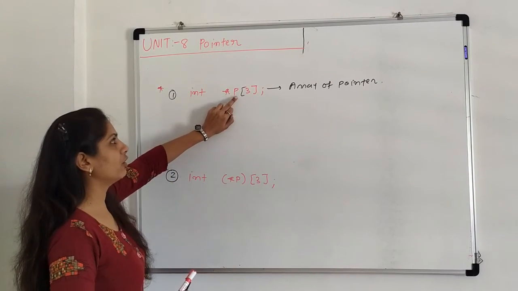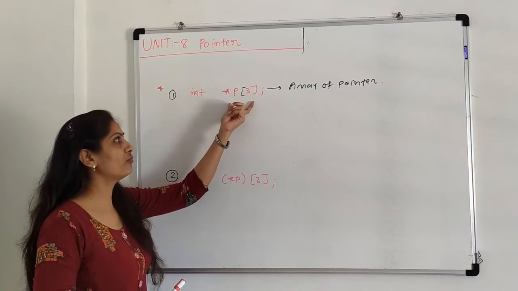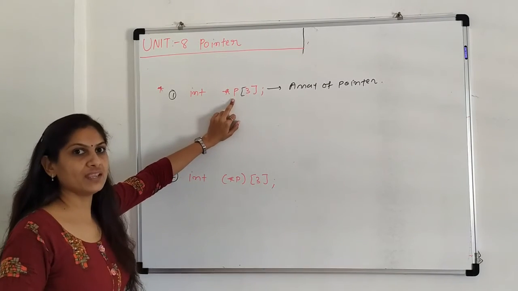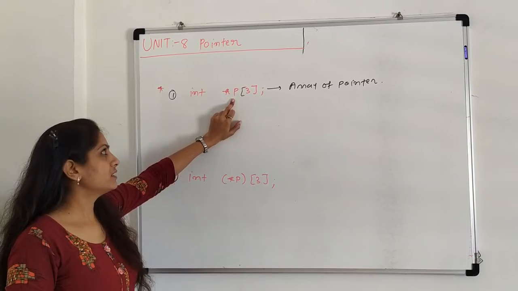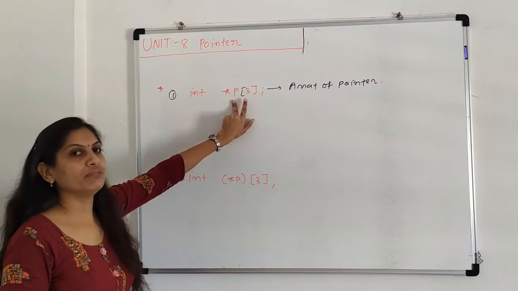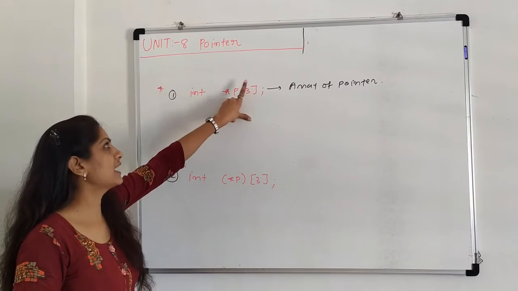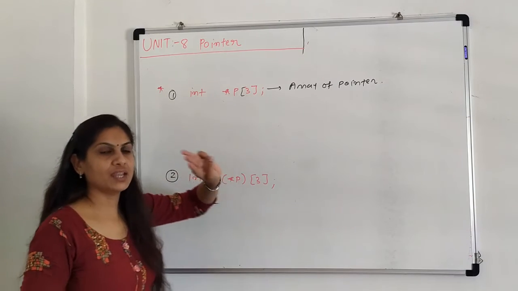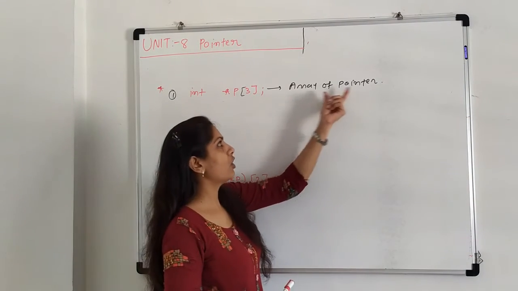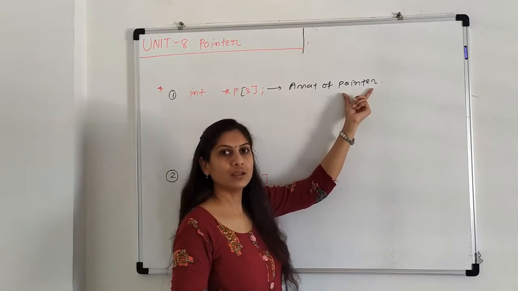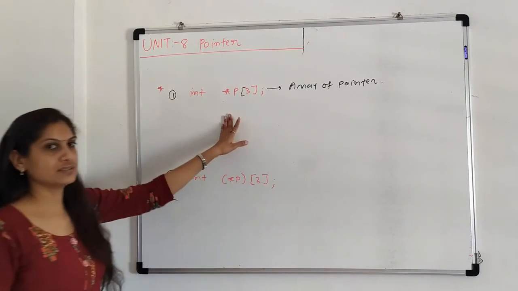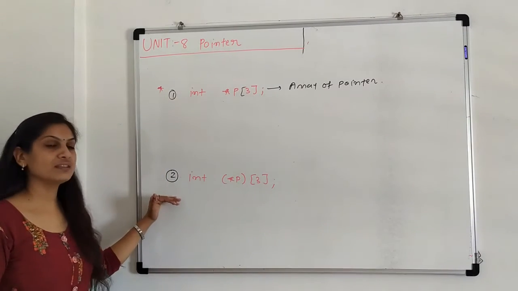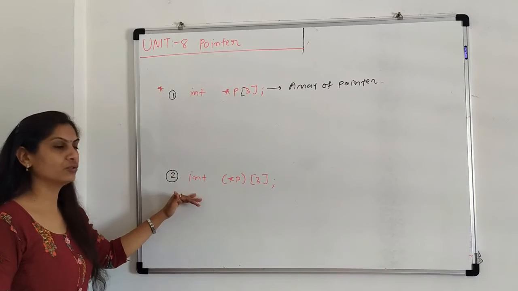Integer star p of 3 is an array of pointer. Here p is a pointer, p0, p1 and p2. The size of the array is 3 and the 3 elements of the array are 3 pointers. That is our concept. But how is it different from this?